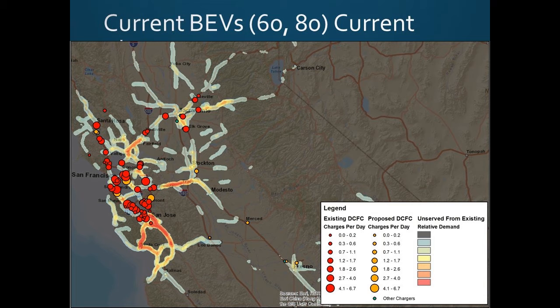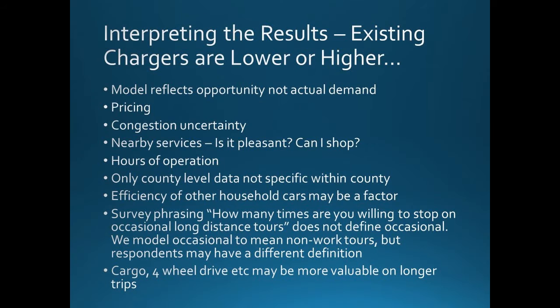So you can look at that. And again, this is my modeler slide that says you have to be careful as a modeler to interpret the demands appropriately. It was mentioned earlier about pricing. We do see situations in which there's a free charger next to a paid charger, and lo and behold, more people want to go to the free charger.